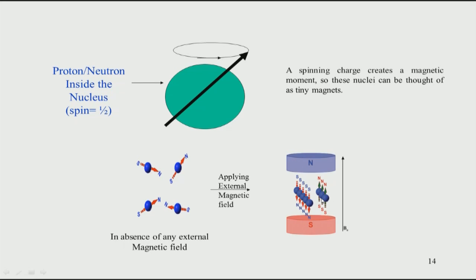And why is this happening? This is happening because there is an interaction of these spins with the magnetic field, and this is what we will be looking at throughout this course: the interaction of the nucleus, which is a magnet, with the magnetic field, which is the most important idea or concept in nuclear magnetic resonance.